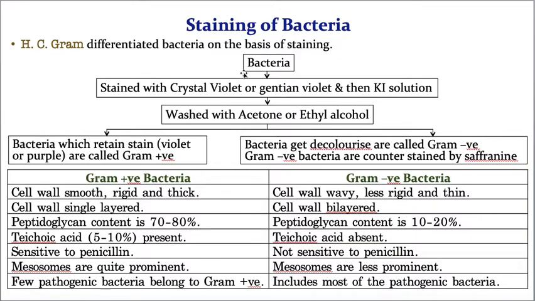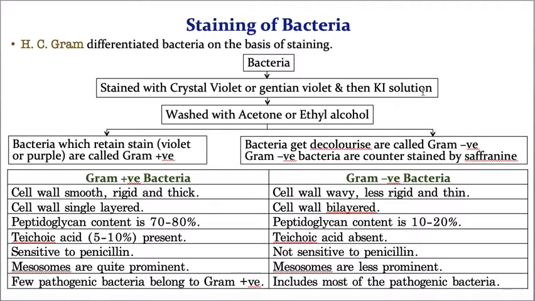Let us take some eubacteria. Now you start staining them using crystal violet, and after staining with crystal violet, you add 2-3 drops of potassium iodide solution also.